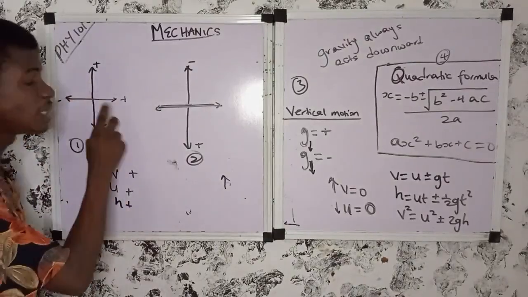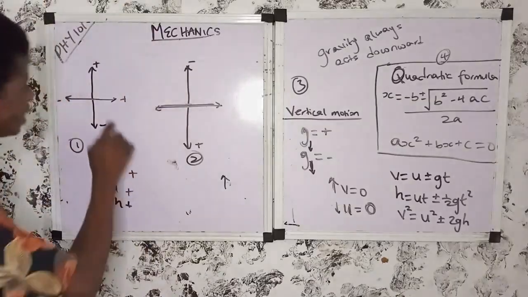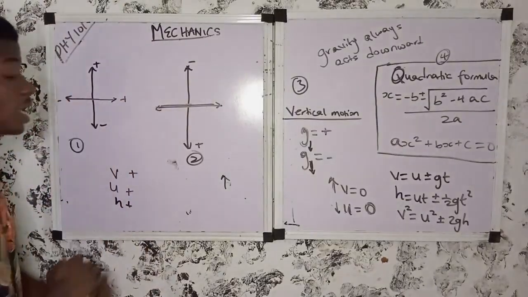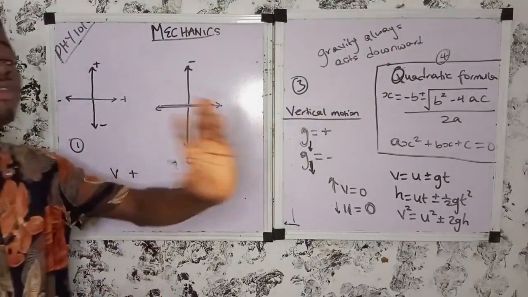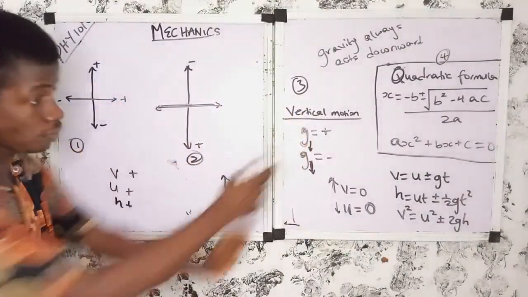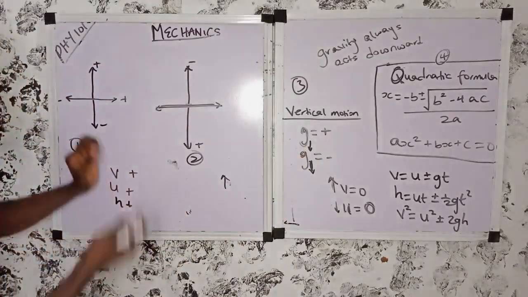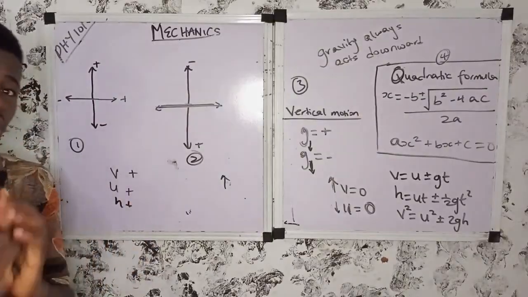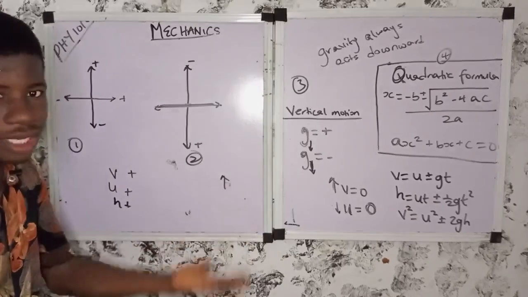Now, I will move straight to G, but let me deal with this part first. Like I said, it depends on the coordinate you use. In the end of the day, you will arrive at the same answer.